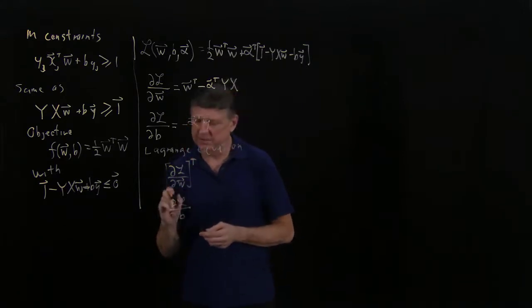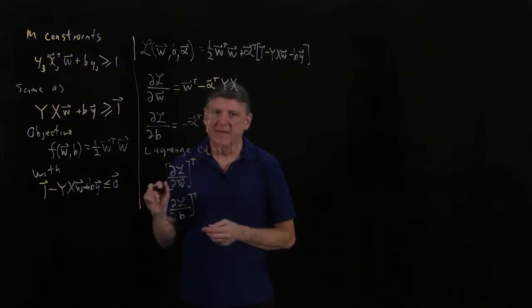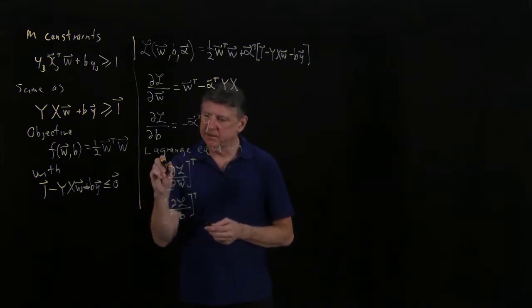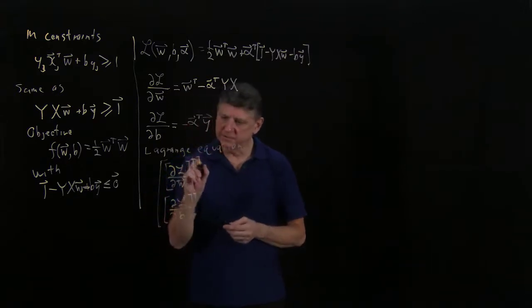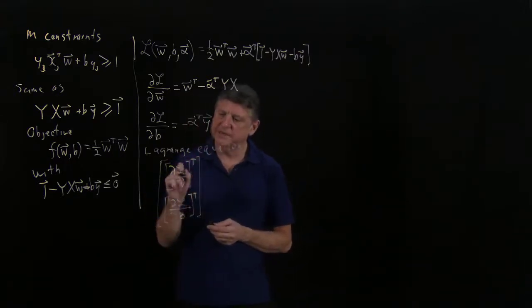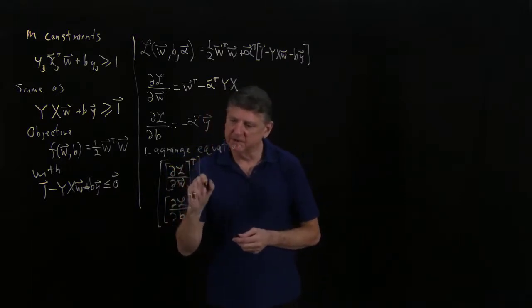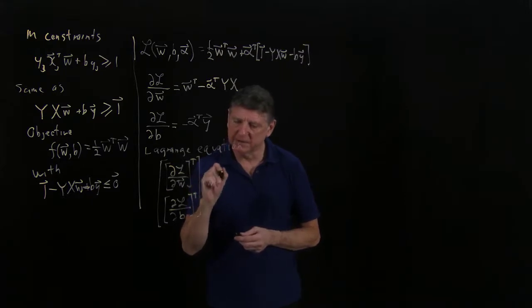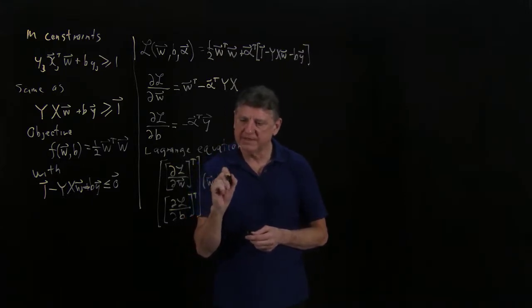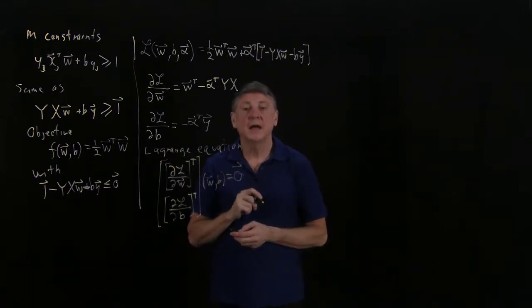Now that's a scalar, but let's be formal and we'll transpose that. And then this entire vector valued object is a function. It varies with the weight vector and with the bias scalar. And we want to set that entire function equal to 0 at the stationary point.